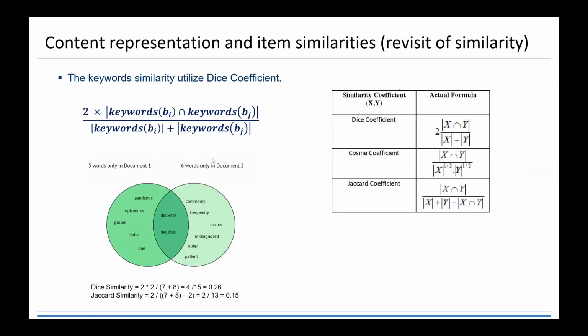The similarity metrics, I think you already learned before. For example, we have the Dice coefficient, the cosine coefficient, and the Jaccard coefficient. So you can try to revisit this again. We already learned this in the first section of the special topics on data analytics course.